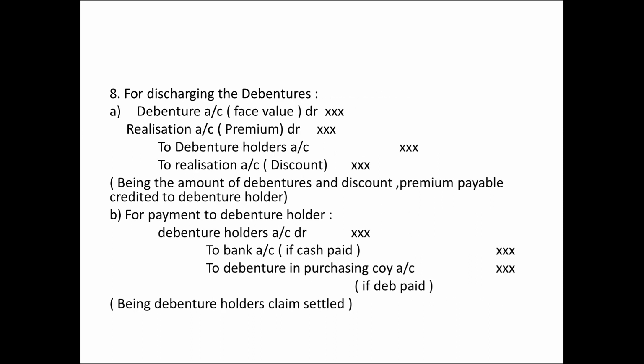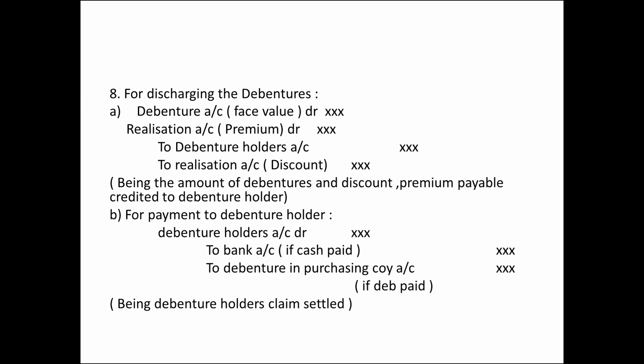And in the last cases, as I have already said, purchase consideration should consist only of the value which is being paid to shareholders. So here the debenture holders present in the selling company are also supposed to be settled.